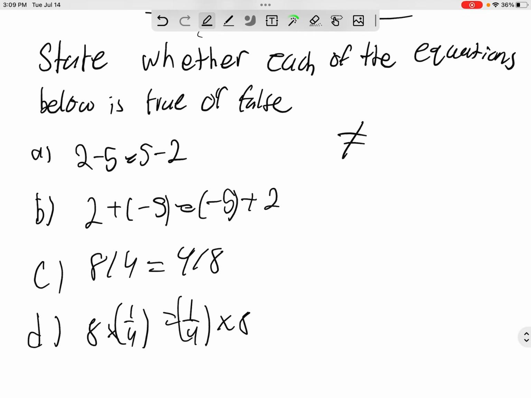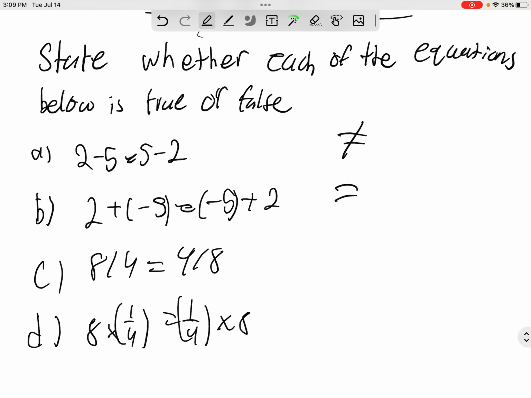So this is a true statement. This shows that we can think of subtraction as addition of a negative number. We can use the commutative property of addition to reverse the numbers that are being added.